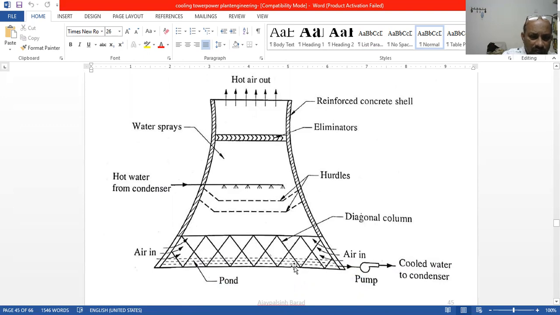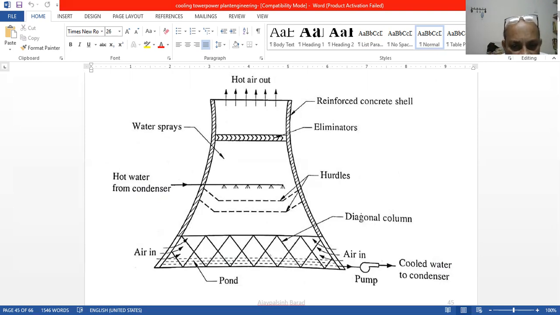Here the air touches the cooling water, the air is also cooled, and it again becomes hot.